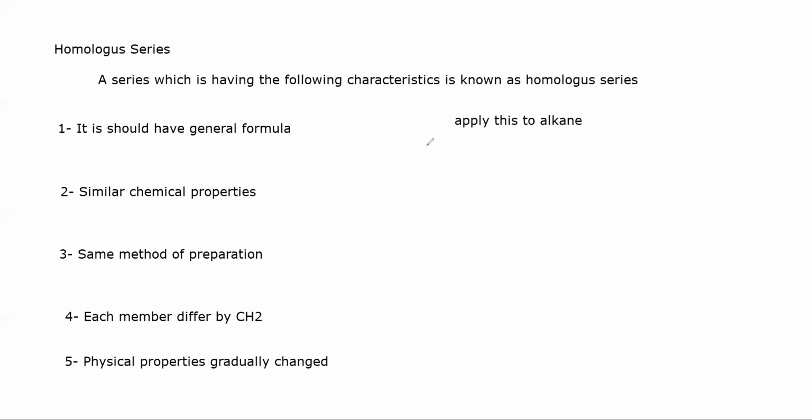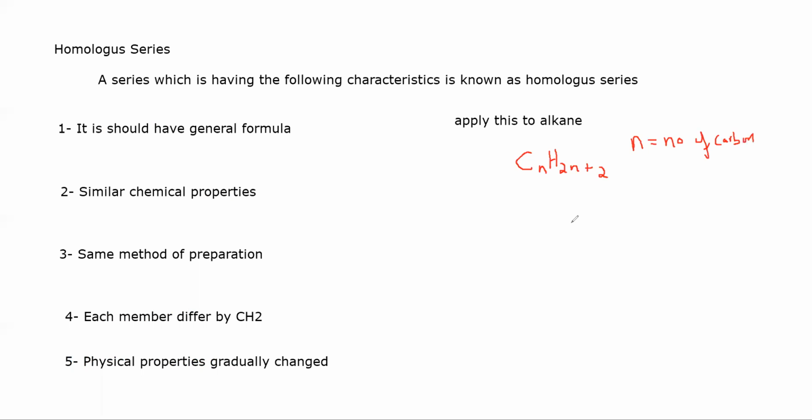It should have a general formula. Is there any general formula for alkane? There is a way we can find the members of alkane, and that is CnH2n+2, where n is the number of carbons.